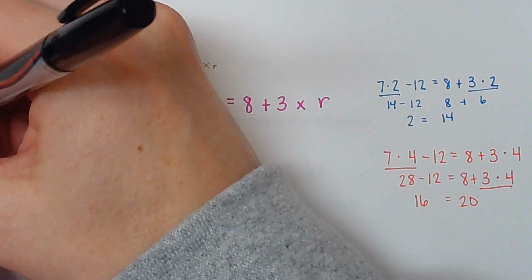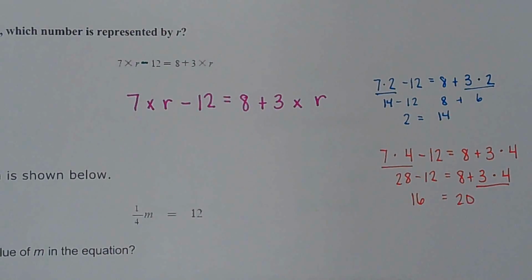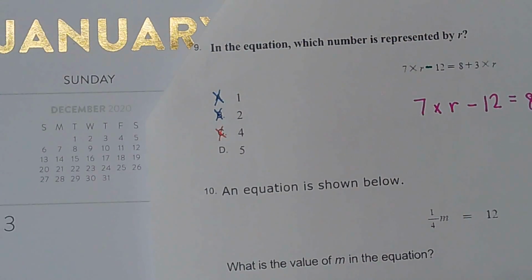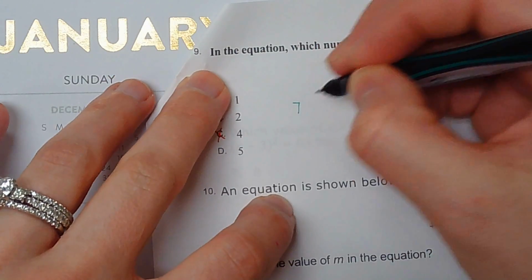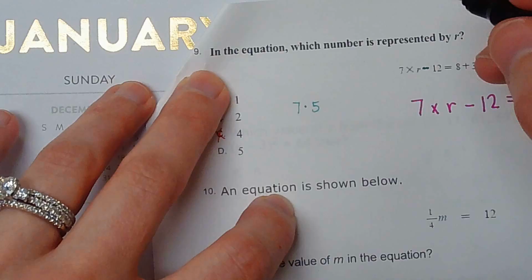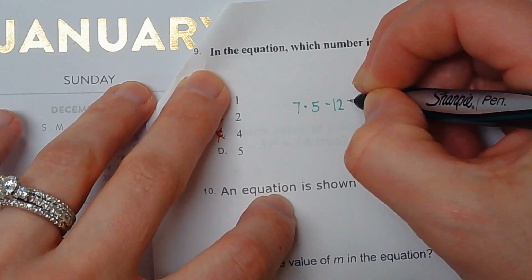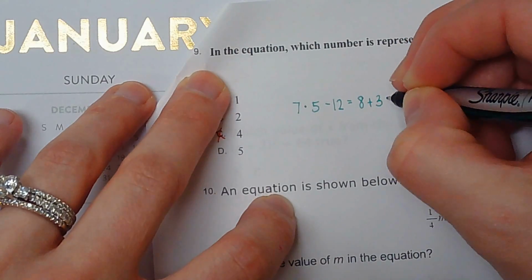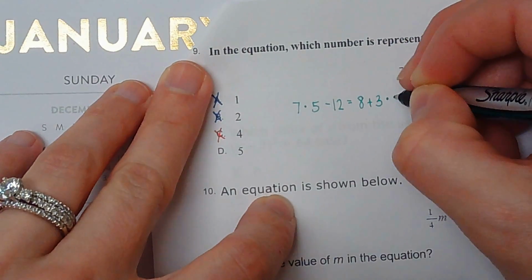So hopefully we're going to see that it is 5. Let's double check. I'll do this one over here, I guess. So 7 times 5 minus 12 equals 8 plus 3 times 5.